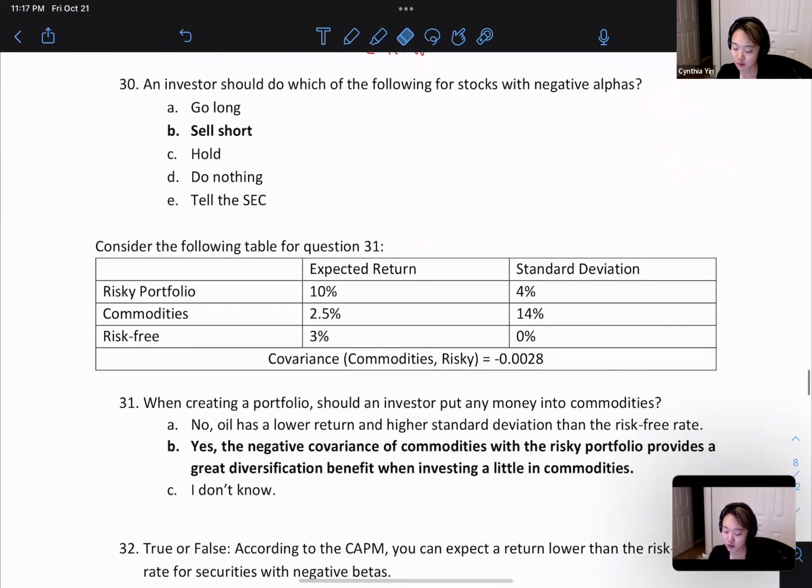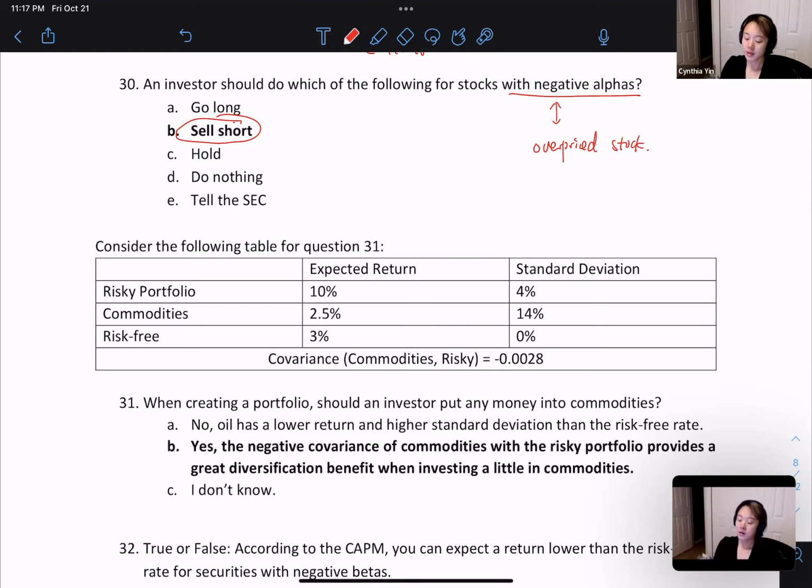Investors do what for stocks with negative alphas? Sell short. Why? Negative alphas are related to overpriced. Actually, Michael earlier today asked me about how to understand the alpha and the overpriced or underpriced.